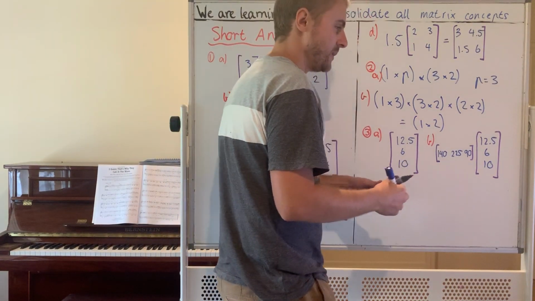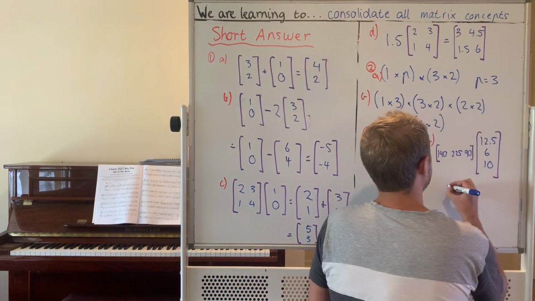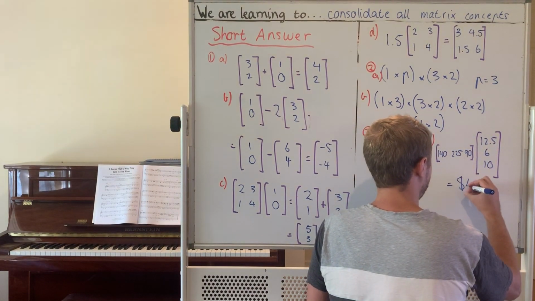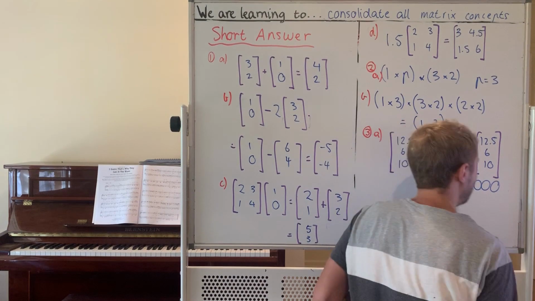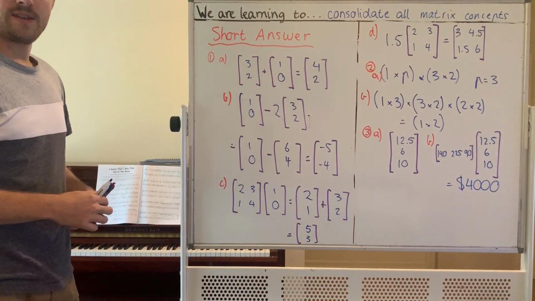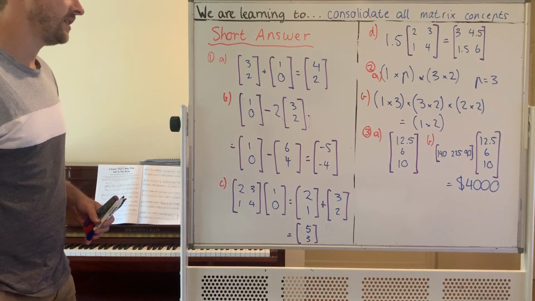I'm not going to write out the full workings, but if you do that, so 140 times that, that times that, that times that, you get a grand total of $4,000. And so that is the answer to 3B.